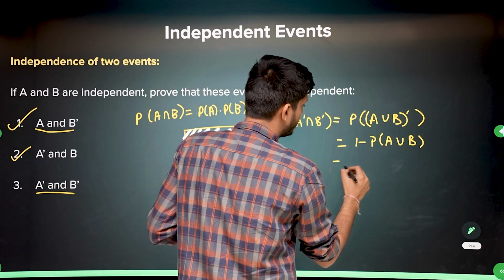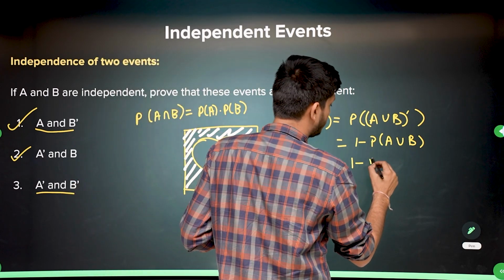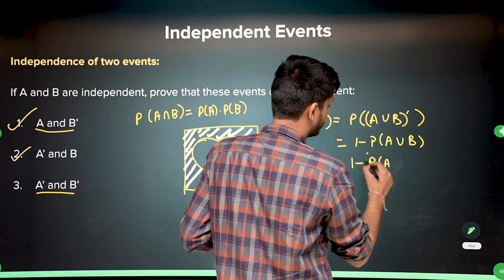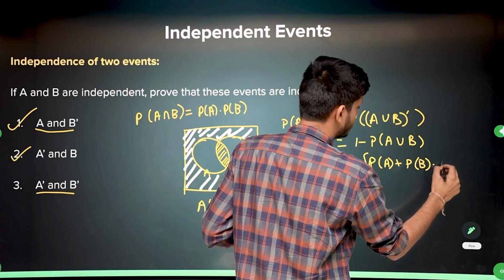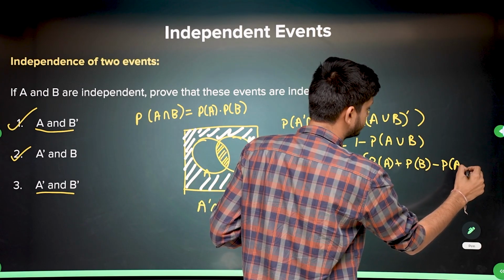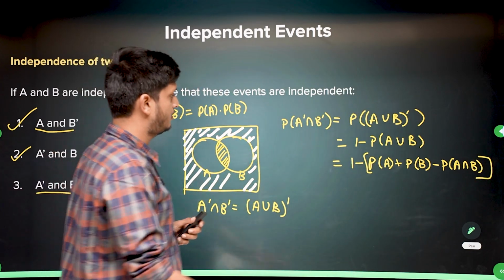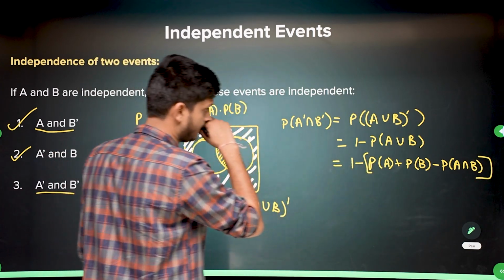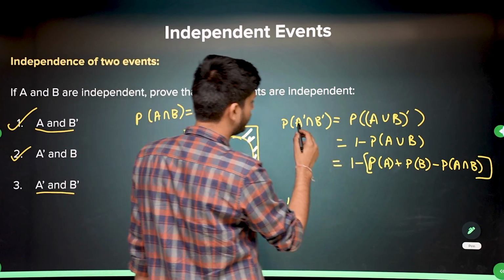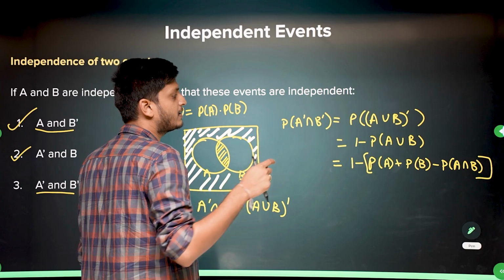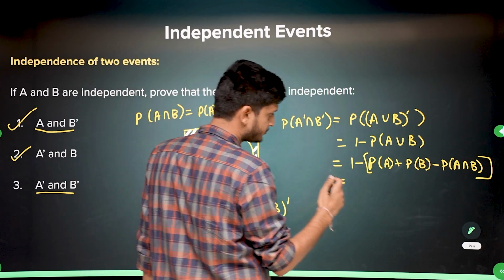Okay, and we know that what is probability of A union B? You just expand it. It is probability of A plus probability of B minus probability of A intersection B. We know this, inclusion-exclusion. So what do we want? We want this to be proven to be probability of A complement into probability of B complement. So what is this?